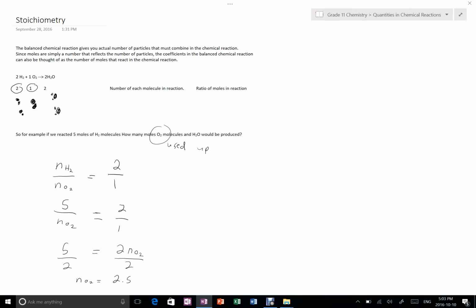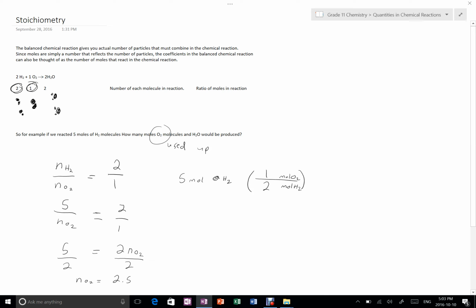If I did that using the factor reduction method, what I could say then is that I have 5 moles of H2, and I want to convert that into moles of O2. For every 2 moles of H2, I get 1 mole of O2.